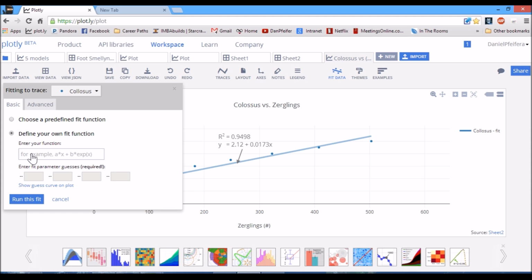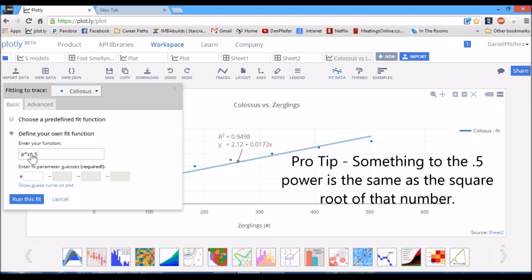We can say some constant multiplied by our x values, which is Zerglings, to the 0.5 power plus some y shifting.